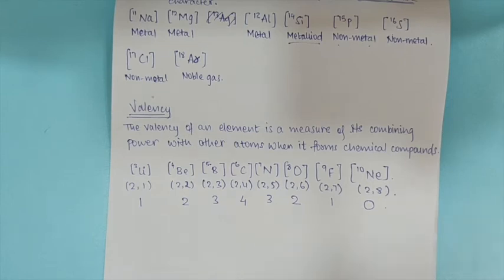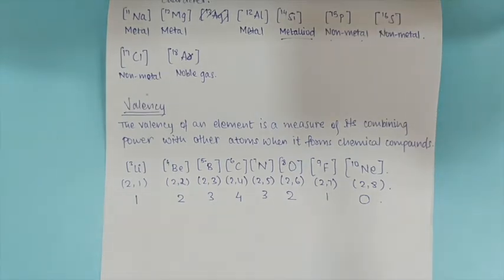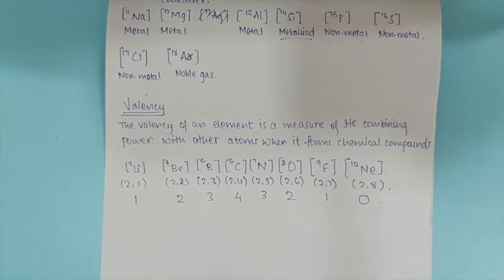As I said, valency is the number of electrons that the element loses or gains to attain a stable state. For any element to attain stability, the last shell should have either 2 electrons or 8 electrons or 18 electrons or 32 electrons.